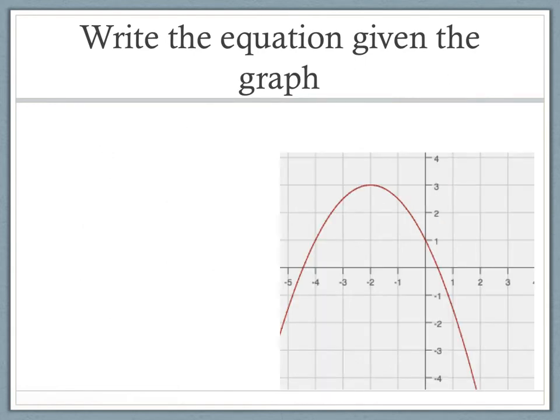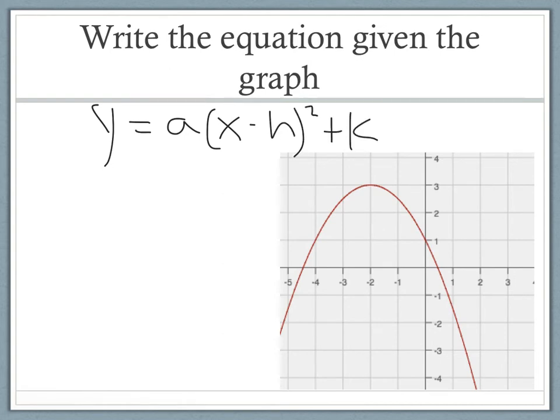Okay, so if I take a look at this one, I'm going to go ahead and still use that y equals a times x minus h squared plus k. Right? Now when I go to do this, remember we can just look at our vertex, which is negative 2, 3. Okay, or we can look at how it's shifted, which is shifted to the right 2, up 3.